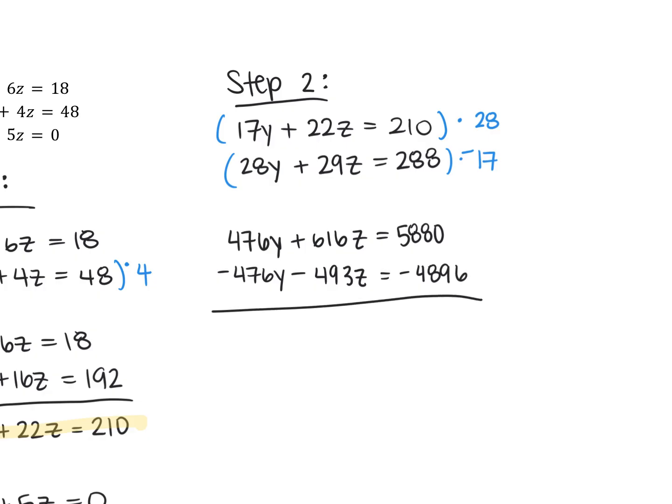So we might end up with some very large numbers when we get to step 2, but our final answers are going to be nice. So when I add, my y's are going to cancel, and we'll get 123z equals 984 divided by 123.